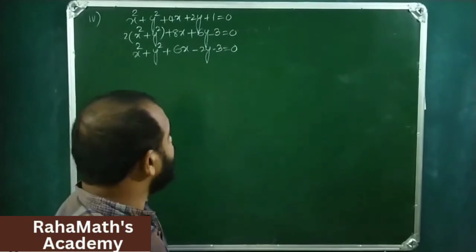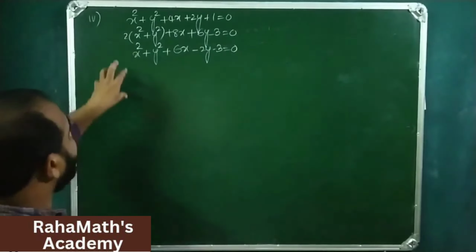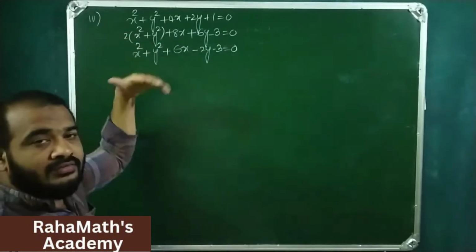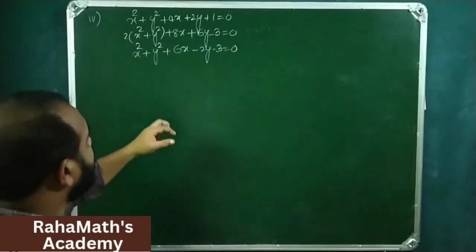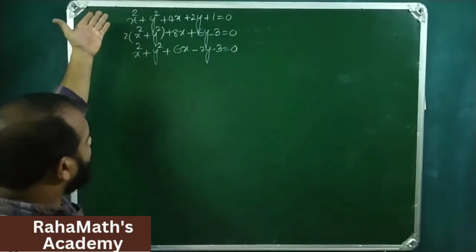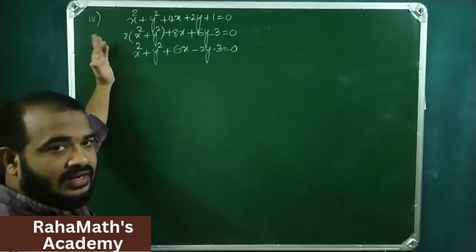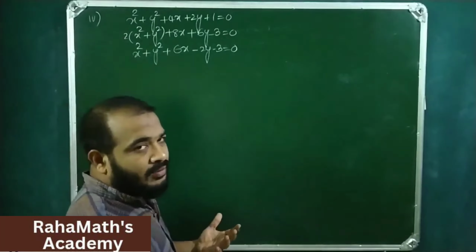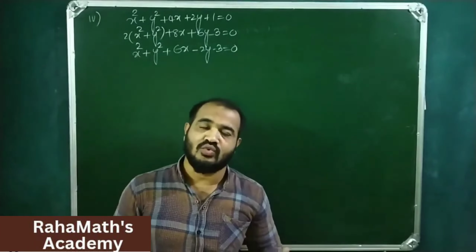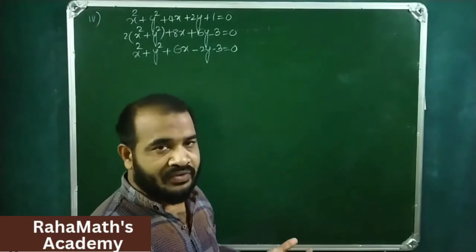For the sake of your convenience, let us try to solve this problem in both the ways. Since the required circle cuts the three circles orthogonally, let us take the required circle as x square plus y square plus 2gx plus 2fy plus c equals to 0.